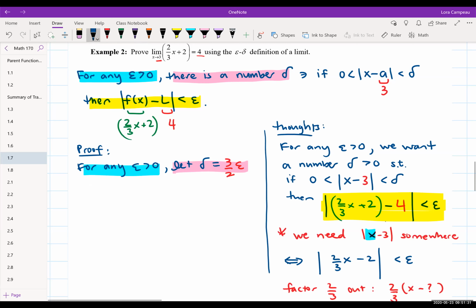So now, if we have 0 is less than the absolute value of x minus 3, remember not the a, if we have that's less than delta, we're allowed to say, if we know who delta is, this is the same thing as saying absolute value of x minus 3 is less than 3/2 epsilon.